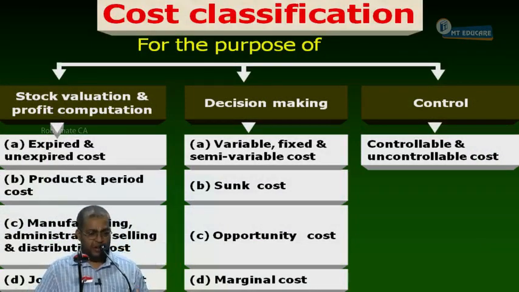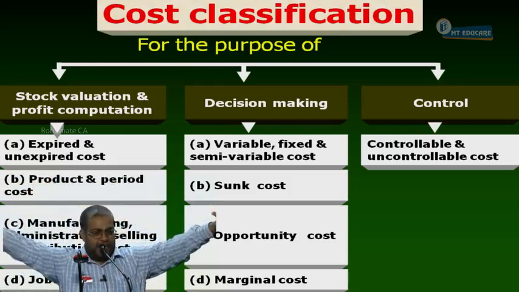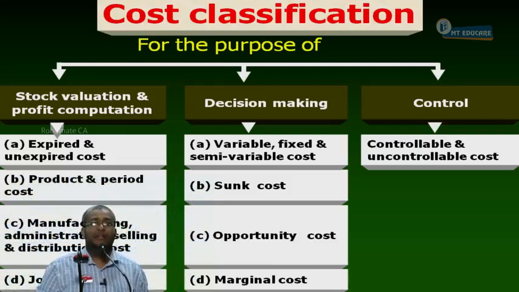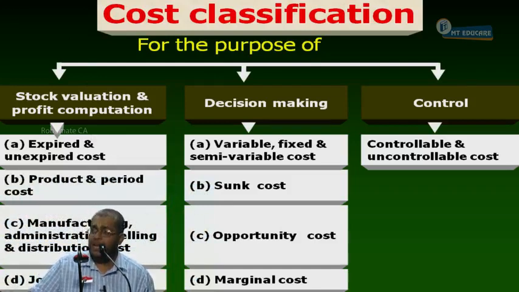Whatever I spend is cost. The rent I pay is cost only. The wages I pay are cost only. Printing and stationery also are cost only. Advertisement also is cost. Everything is cost. But whatever I spend as cost, I divide it and classify it into manufacturing and non-manufacturing. Why should I divide the cost this way?